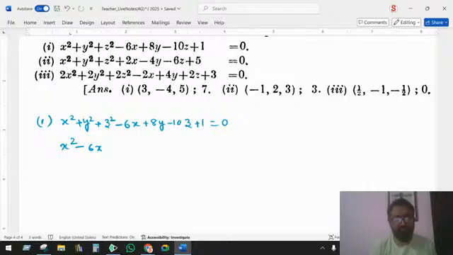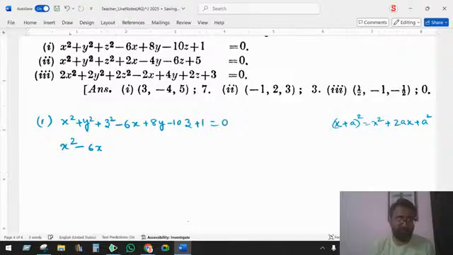What is x plus a whole square? It is x square plus 2ax plus a square. You have to take it like that.